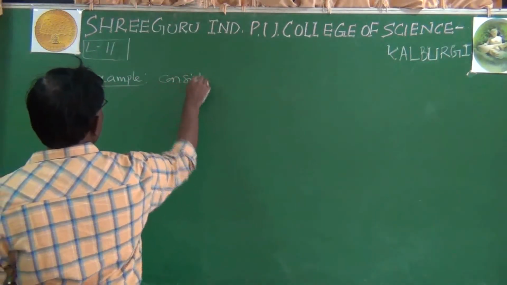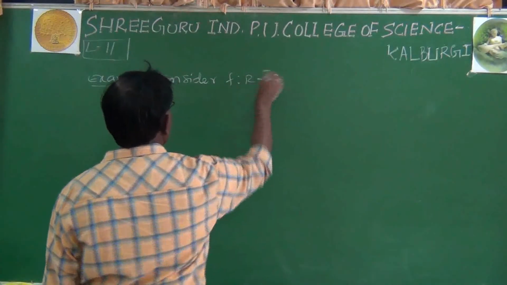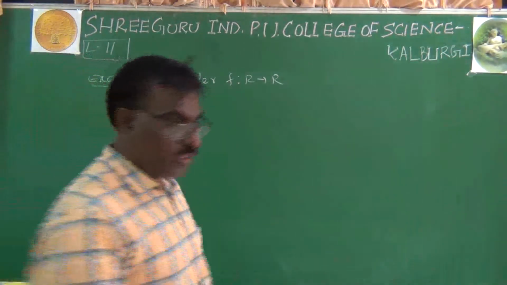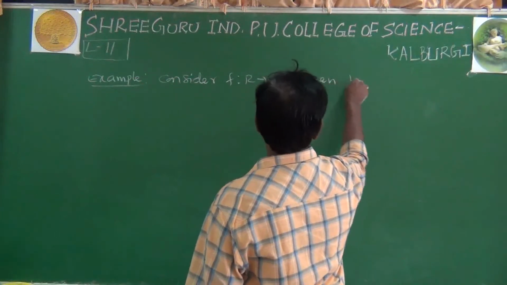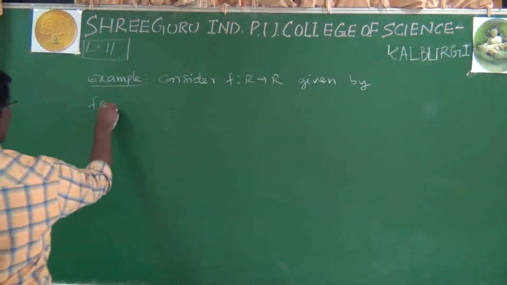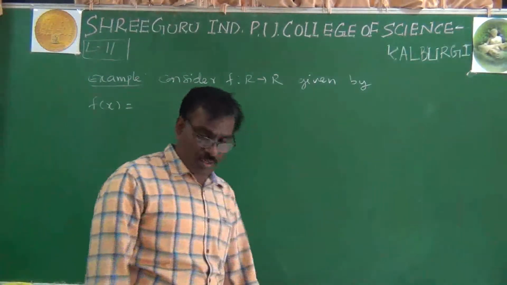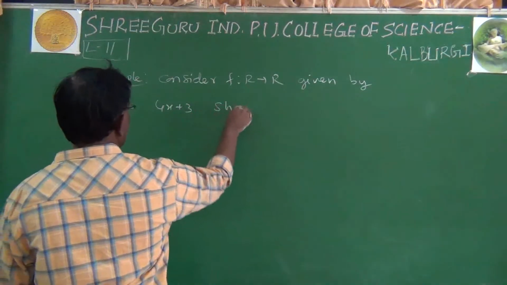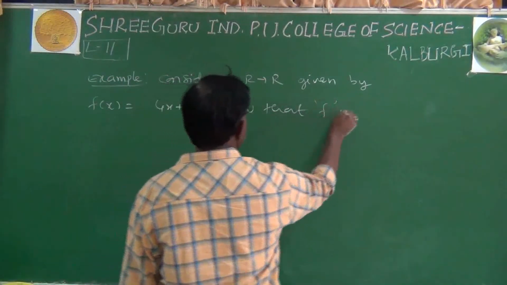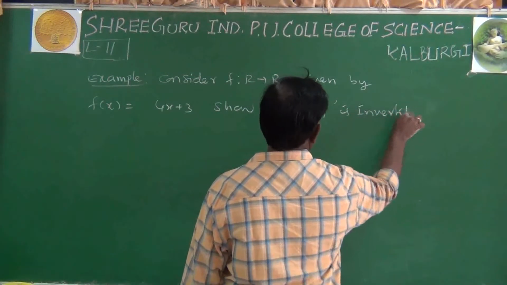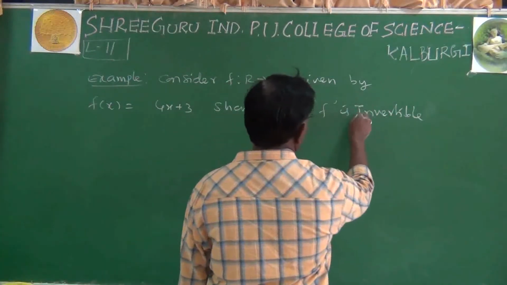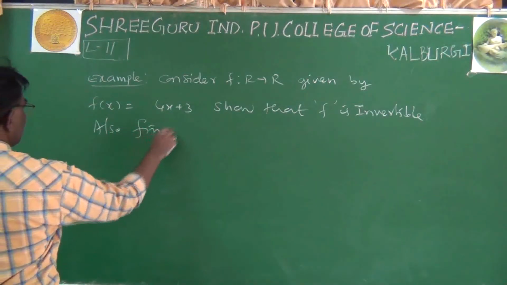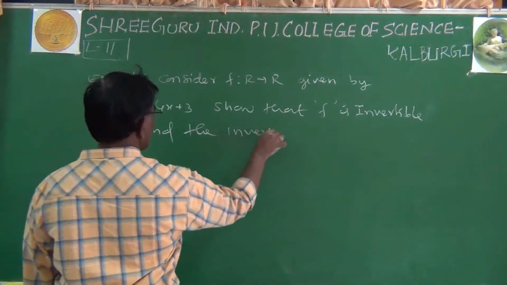Consider f from R to R given by f of x equal to 4x plus 3, so that f is invertible. Also find the inverse of f.